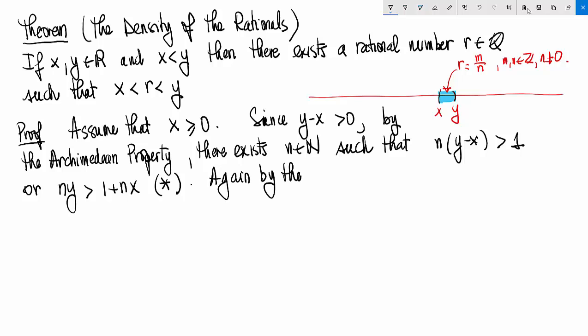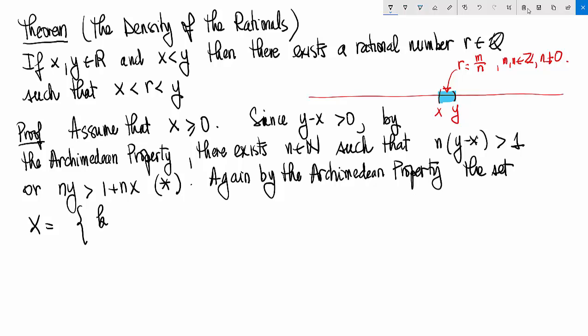And again, by the Archimedean property, call this set big X, which consists of natural numbers k such that k is bigger than nx, n times x. This set is not empty, right? Why?